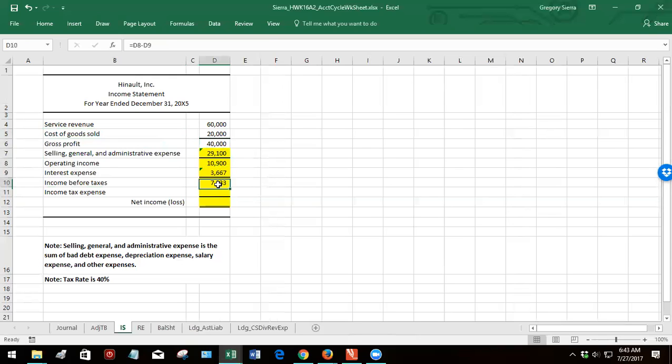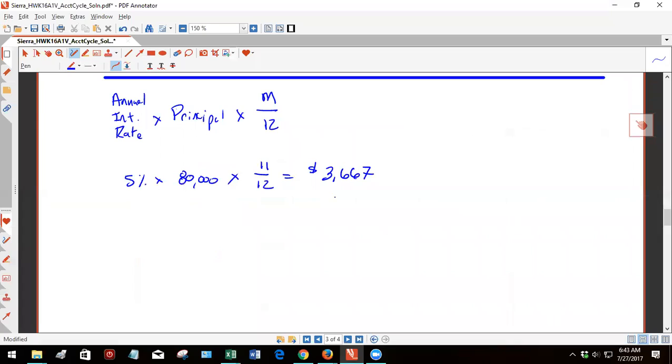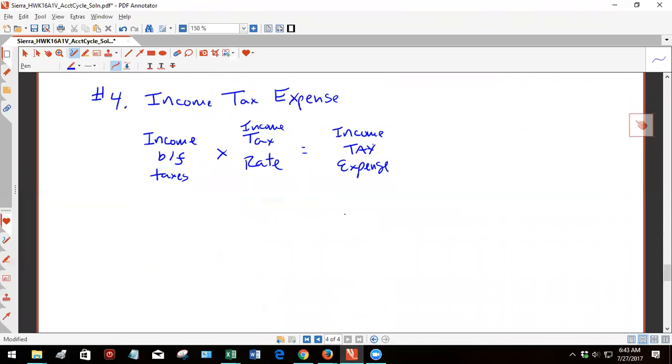So now we have income before taxes of 7233 and a tax rate of 40%. Let me go to my scrap paper here. What was that? I already forgot. I've got old man brain here.